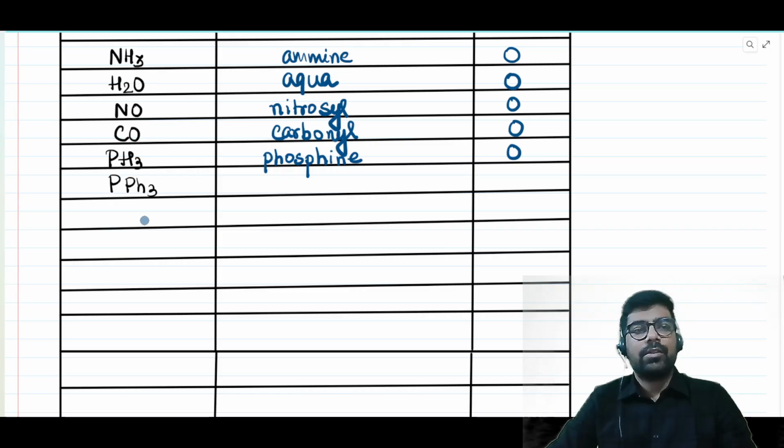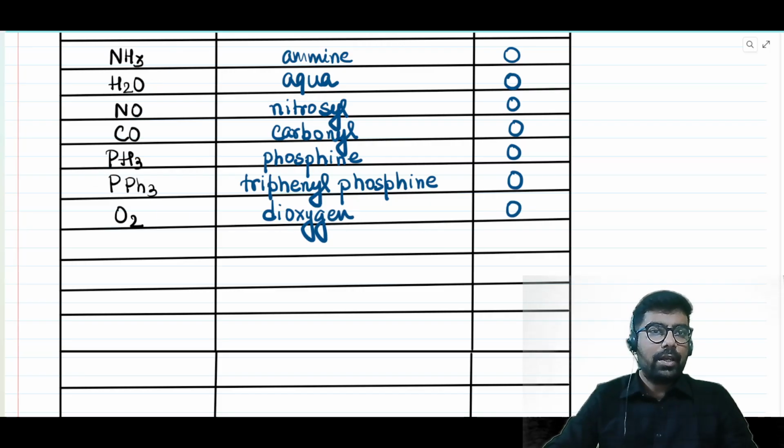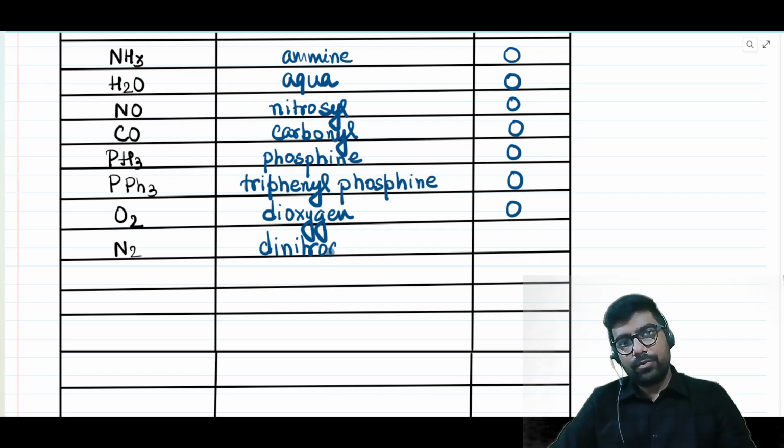It has three phenyl groups, so we call it triphenylphosphine. Again, 0 charge. Then we have O2, which we call dioxygen. Charge is 0. Then we have N2, which we call dinitrogen. Again the charge is 0.